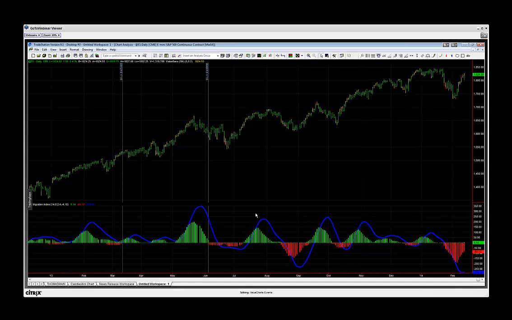But you can look at the strength, you can look at divergences using the blue line. For example, here, you have a low right there, and then you have a low right here, and then look at the blue line and look at your histogram, significantly higher low. So it's telling you that this down move did not have nearly the strength that the previous down move had.